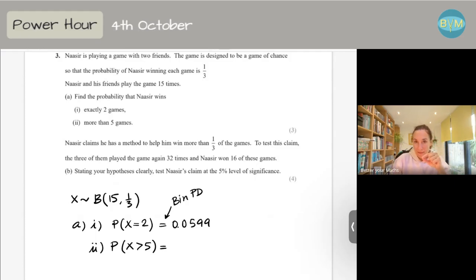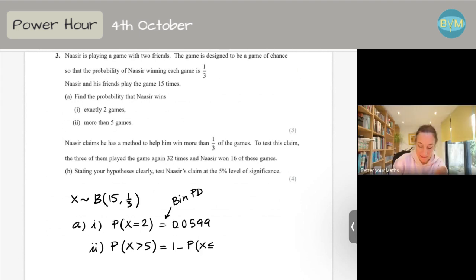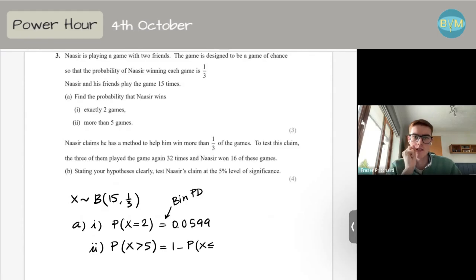Greater than 5 is what? How am I going to rewrite that with the smaller or equal? I'm going to write 1 minus, tell me, Fraser, 1 minus the probability of x being less or equal than 6? Or is it 4? I don't know whether it's 1 above or 1 below.